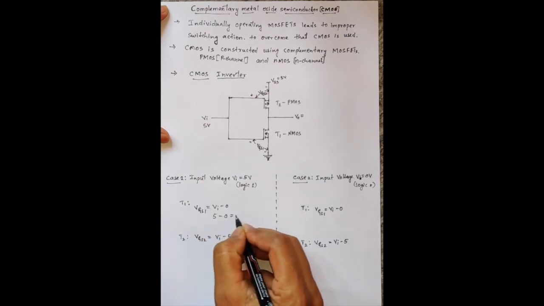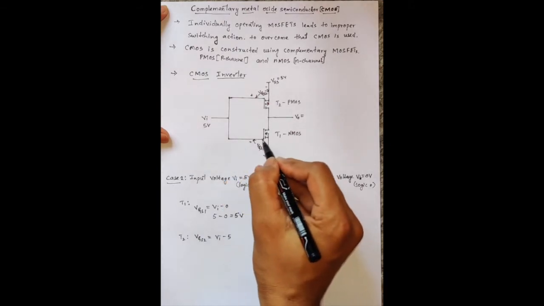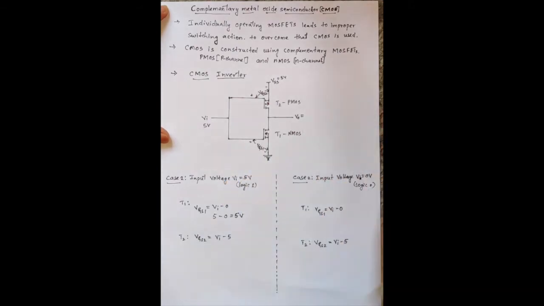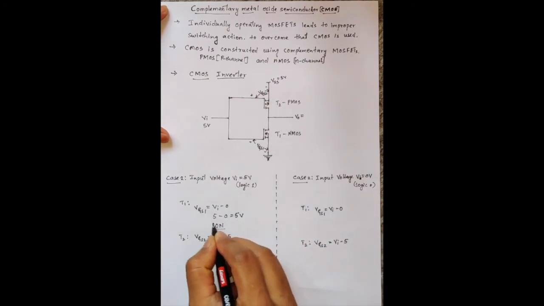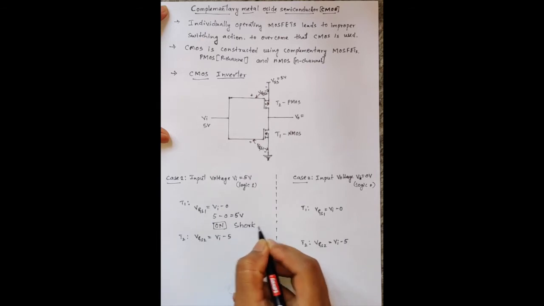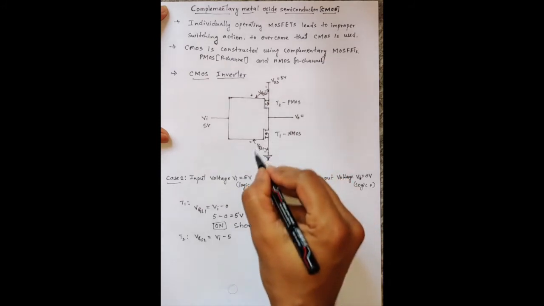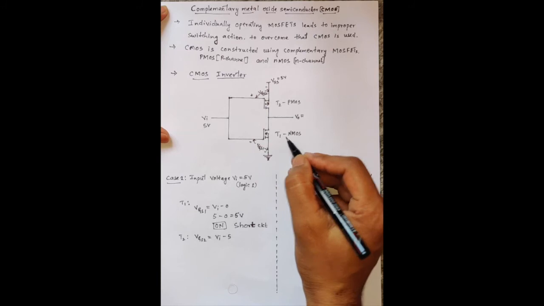So VGS1 will be equal to 5 volts. Since we are providing this voltage to transistor 1, the transistor T1 will be in on state. Since it is in on state, it acts as a short circuit.